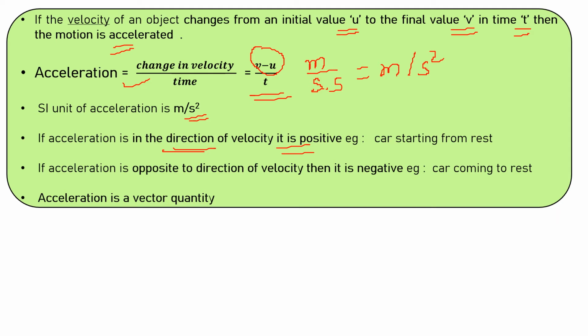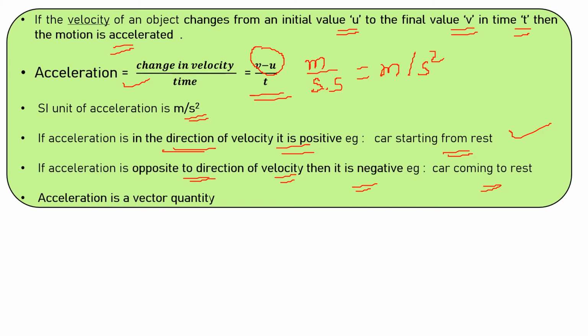Now if the acceleration is in the direction of velocity, it is positive. Best example is when the car is starting from rest, right? So when the car is starting from rest, initially its velocity is u, slowly its velocity increases. That means its acceleration is positive. If the acceleration is opposite to direction of velocity, then it is negative. Car coming to rest.